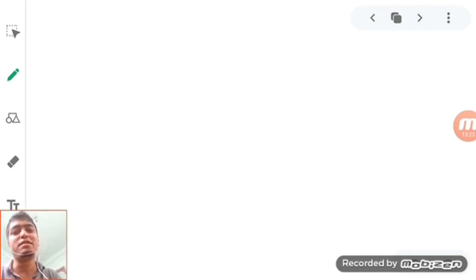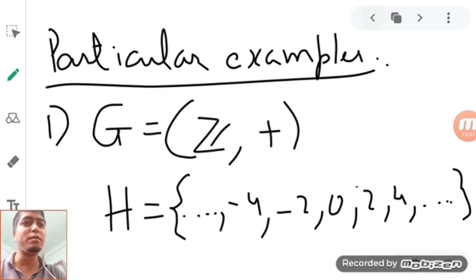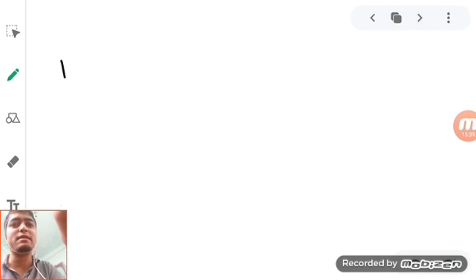So now we just need to prove the normal condition. Or maybe I think it is better if I also prove that it is a subgroup in a more formal way. So let's see.